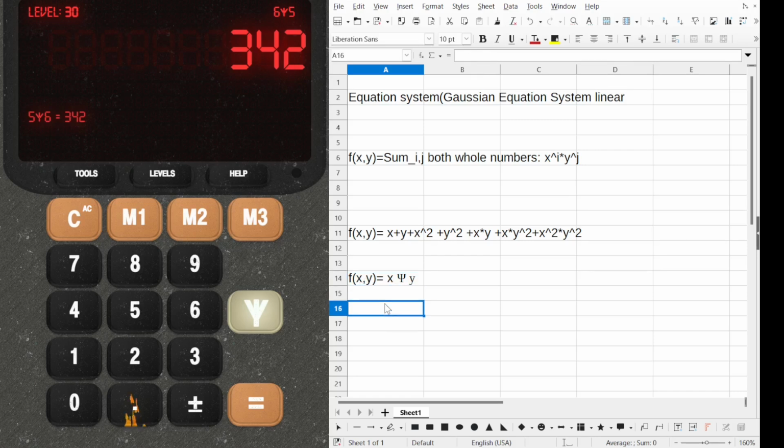Now what I am going to do is I am thinking of f of x,y as f given y of x, meaning I'm going to choose a number for y, which I'm going to keep constant, and I'm going to try to represent this entire thing as a function that is based on x, a polynomial that's based on x.